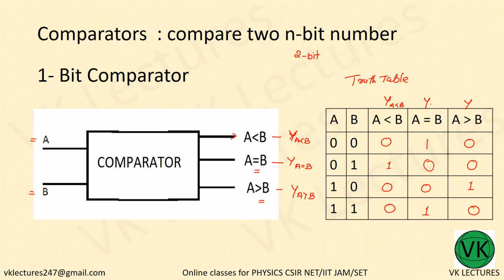Here A equal to B, here A greater than B. Now the next step is to find the K-map or reduce our given expression using the truth table.